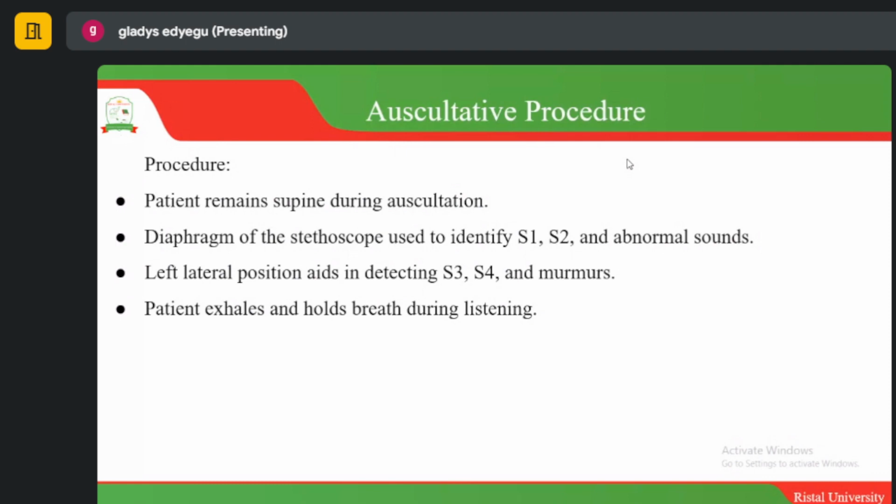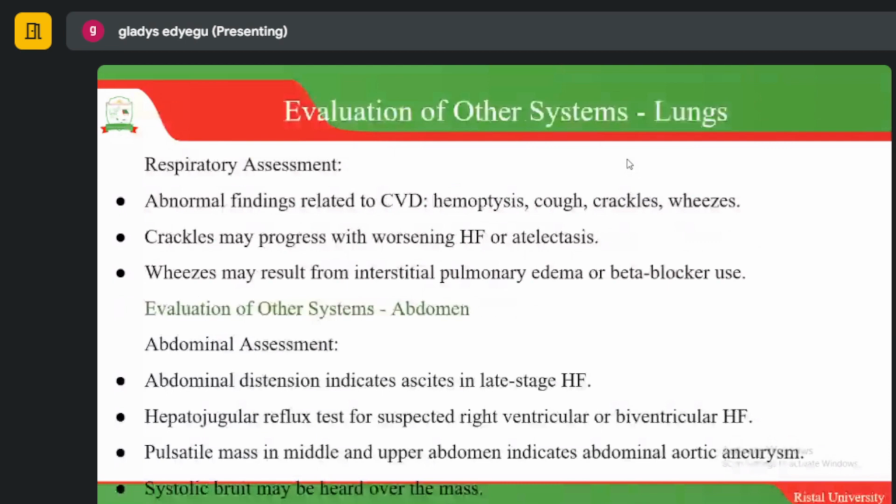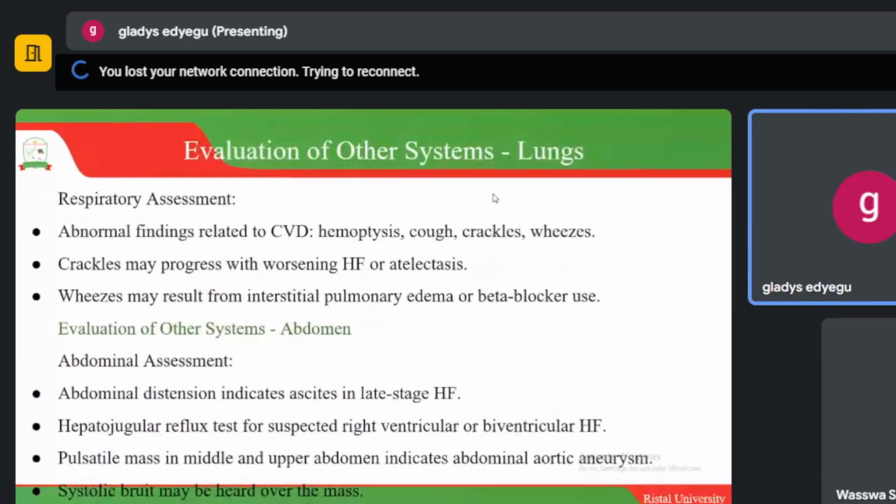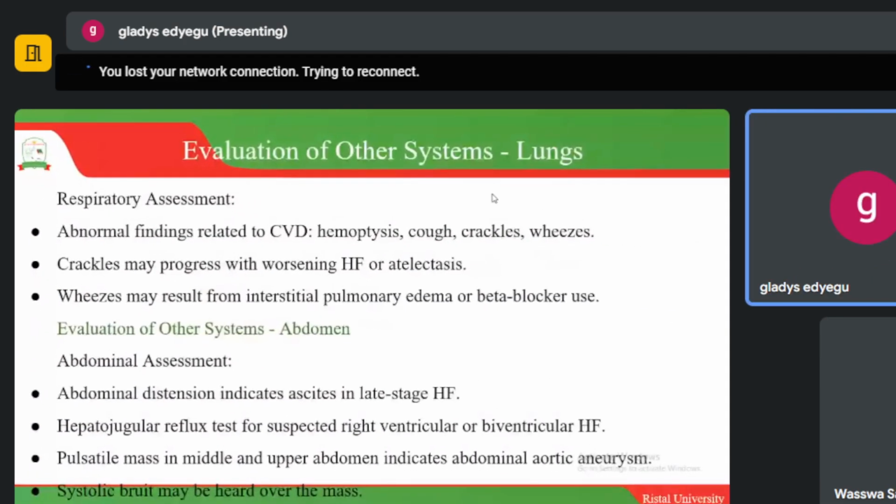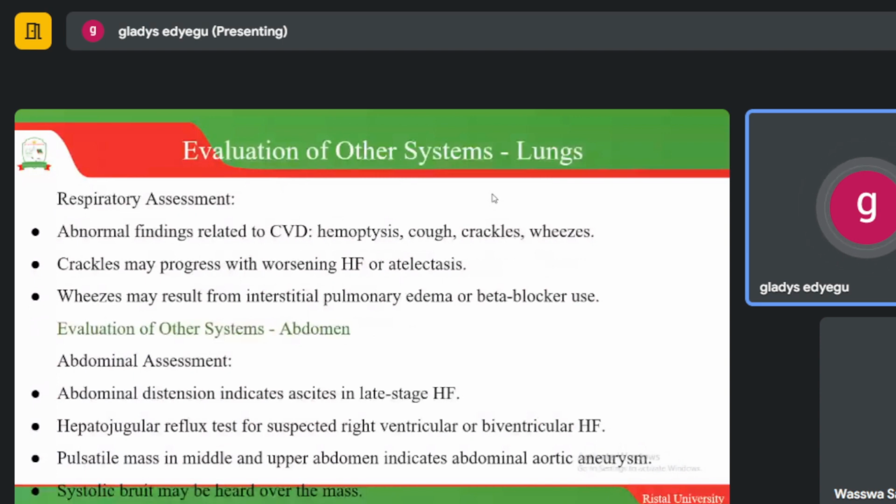Then evaluation of other systems, the lungs, respiratory assessment, abnormal findings that are related to the CVD. We talked about this during the previous lecture, where we talked about the respiratory system assessment.